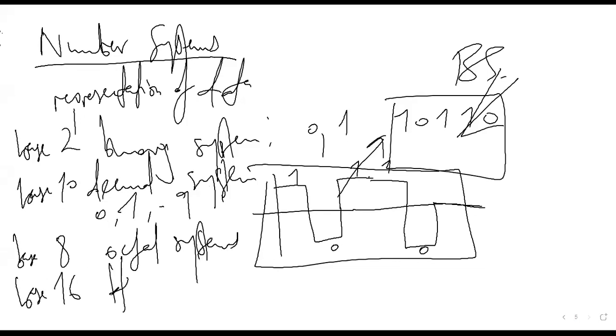We have base 16, the hexadecimal system, which uses 0 to 9 and then A, B, C, D, E, F. So the number systems are binary, decimal, octal and hexadecimal. Obviously, there are others, but we are not going to be dealing with them.